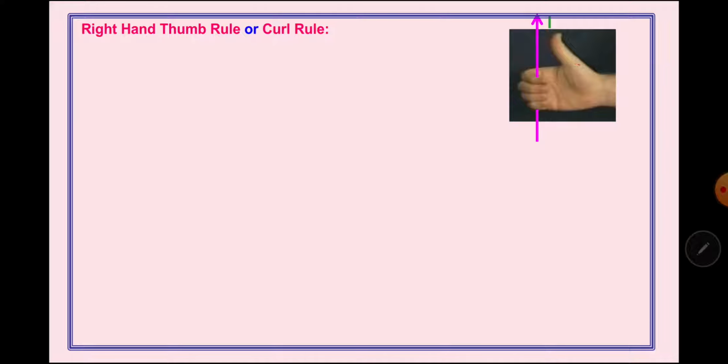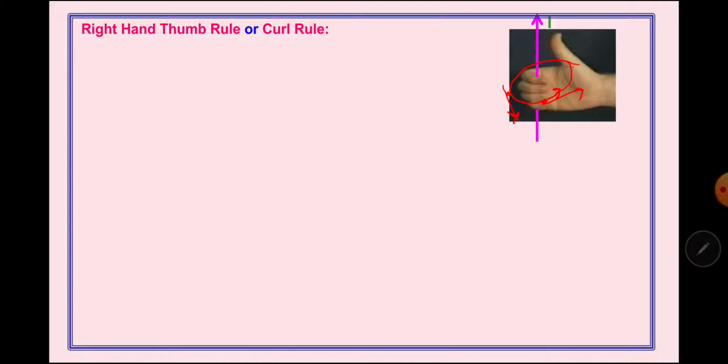That means to say, the curl of the fingers this way, that will be the direction of magnetic field lines, right? So this will give us the direction of magnetic field lines. This is what is known as the right hand thumb rule. And students, once we have found the direction of magnetic field lines, then we can find out the direction of magnetic field at a given point by drawing the tangent.